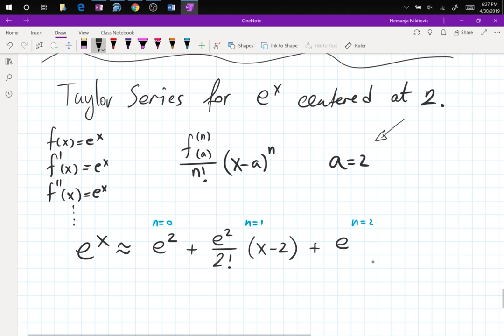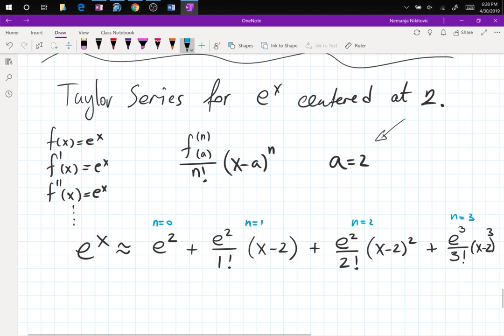I have e squared divided by 3 factorial. Oh no, this was supposed to be 1 factorial. This is supposed to be 2 factorial. There we go, much better. Times x minus 2 squared. And then we have e squared over 3 factorial times x minus 2 cubed.